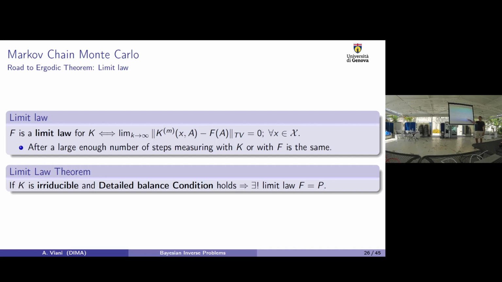I think that the order is different in history. They discovered that with these conditions it holds, and then you say that the limit law is defined in such a way. So it works only with the strong convergence.